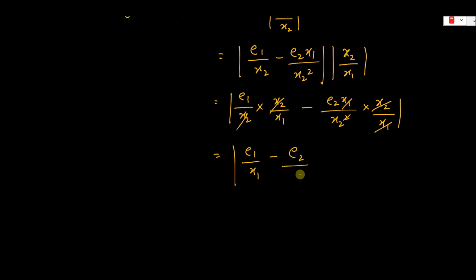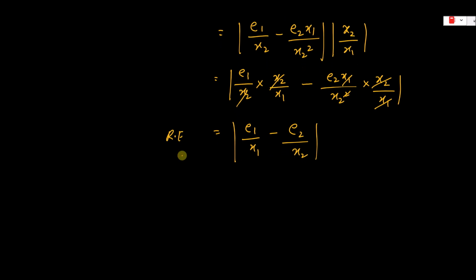So we will get e2 by x2, and that is basically the relative error. After that, we know that relative error should be less than or equal to E1 by x1 plus E2 by x2. So that is the fourth case, the error accumulation in division.